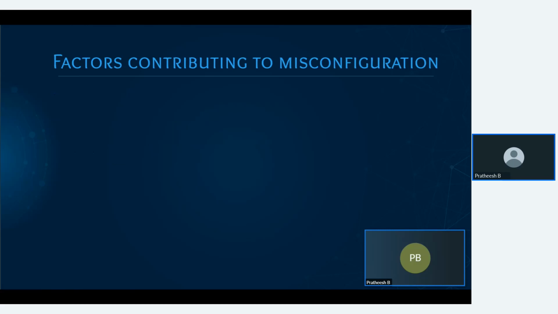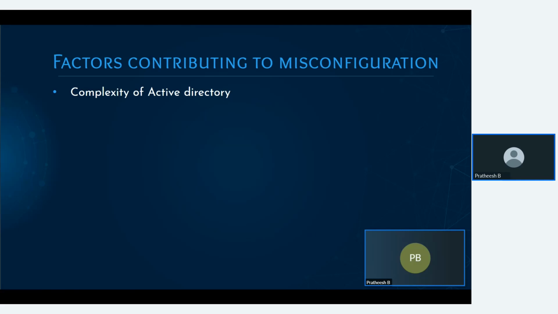One such factor is the complexity of Active Directory. Its inherent complexity, with multiple components, objects, and dependencies, increases the likelihood of misconfigurations, especially in large-scale environments where resources are managed in large numbers.